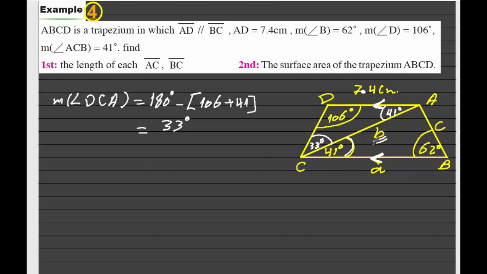Don't forget that we are required to find the length of AC and BC.